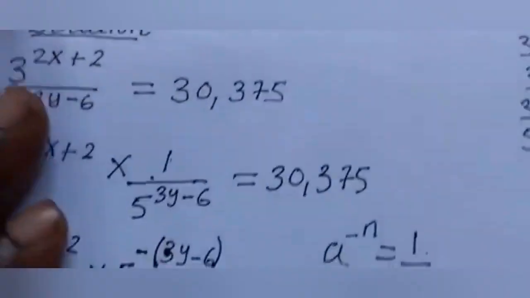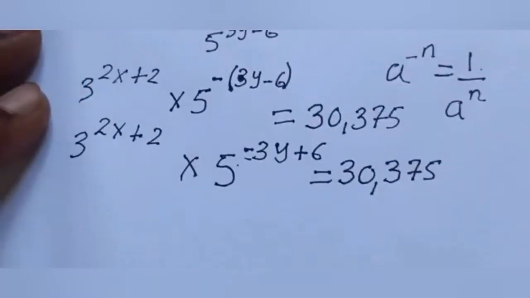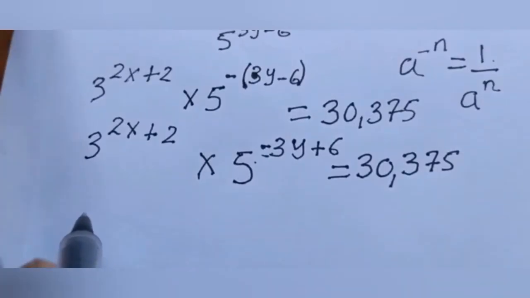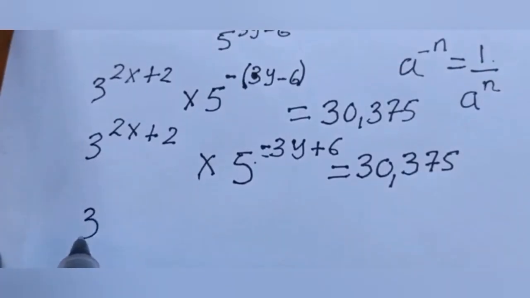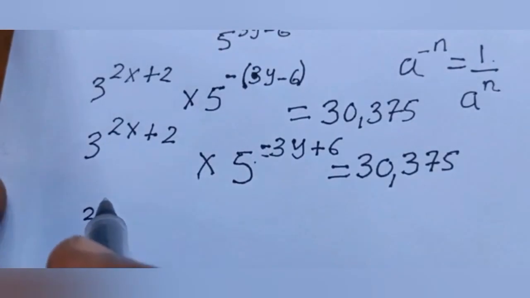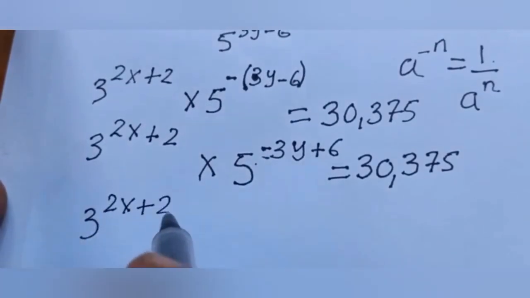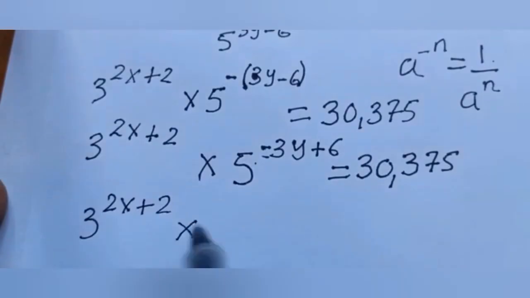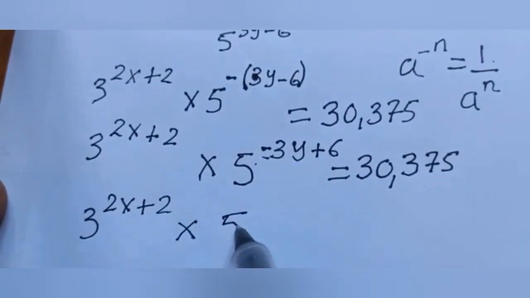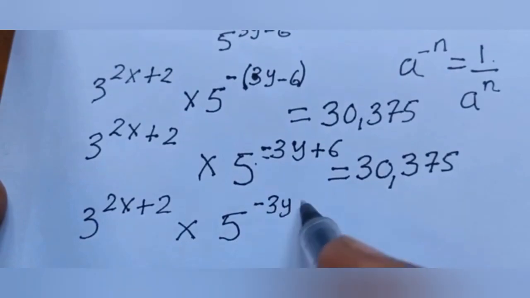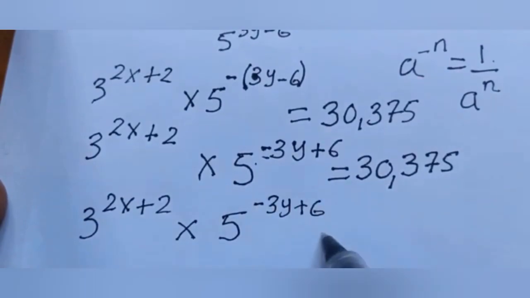So we have 3 raised to 2x plus 2 times 5 raised to power negative 3y plus 6.